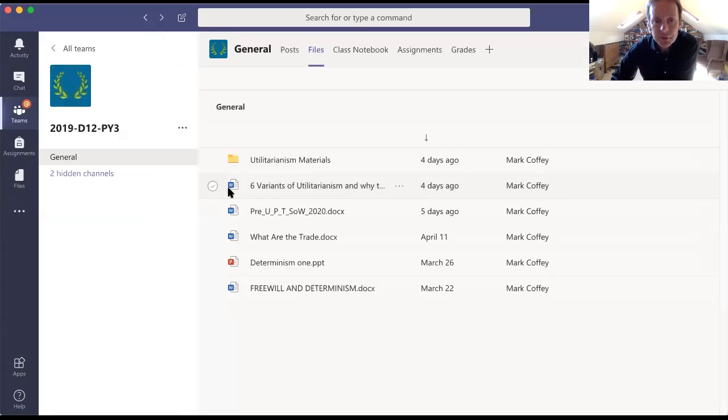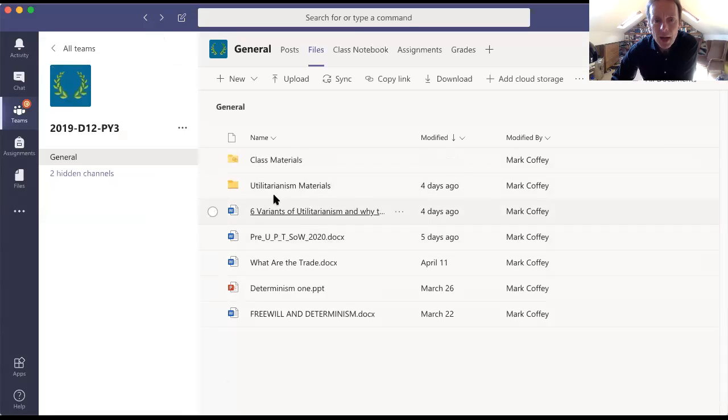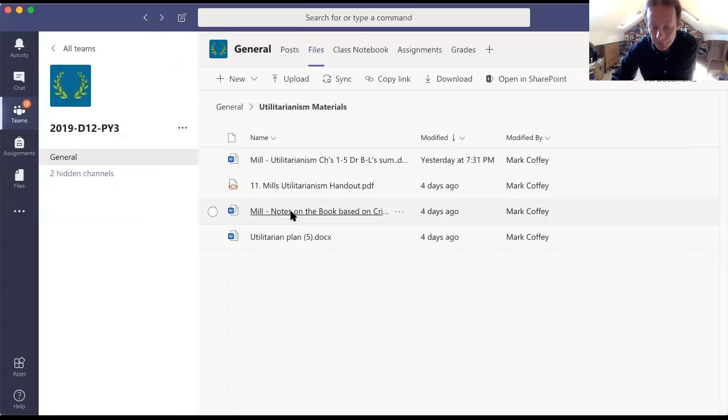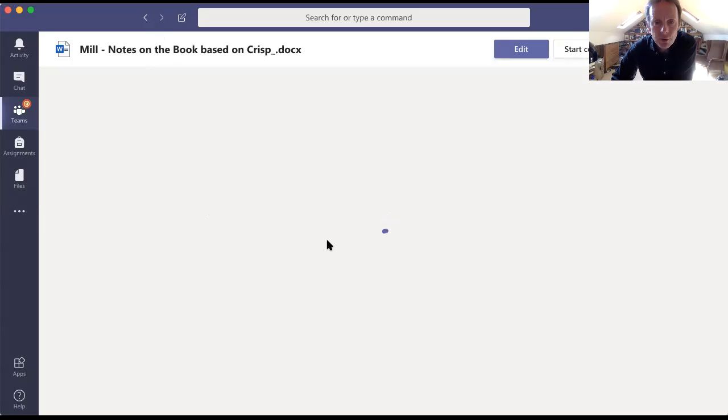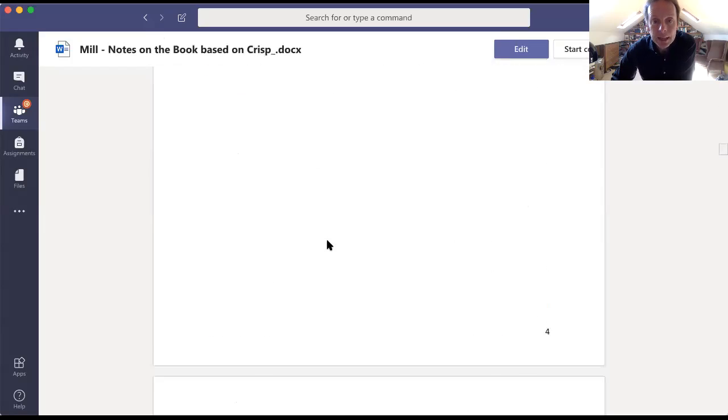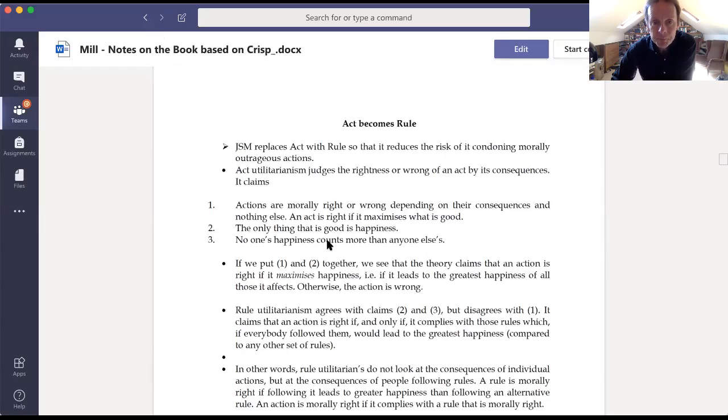Just to go back to a little bit of introduction here. So we have this chapter on CRISP, and I'm just going to go to page 4 of it and carry on where I left off with the first video. So we get this shift between act utilitarianism and rule utilitarianism.